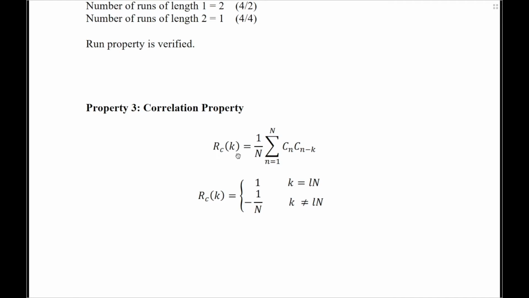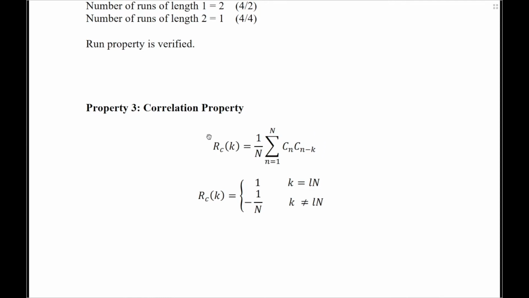So, the autocorrelation is 1 by N, summation n varying from 1 to capital N, Cn into Cn minus k, where Cn represents the P-n sequence without any shift and Cn minus k represents the P-n sequence shifted right by k number of bits. When I say shift, you should assume it is a rotation operation.